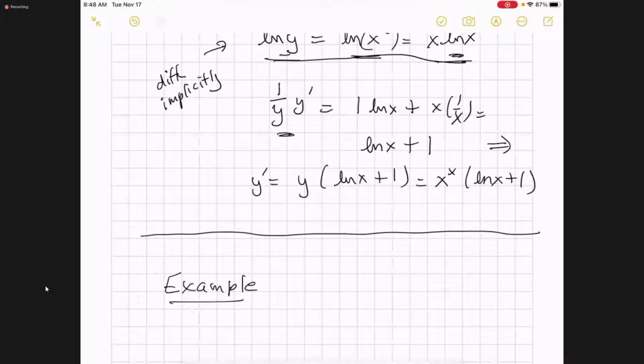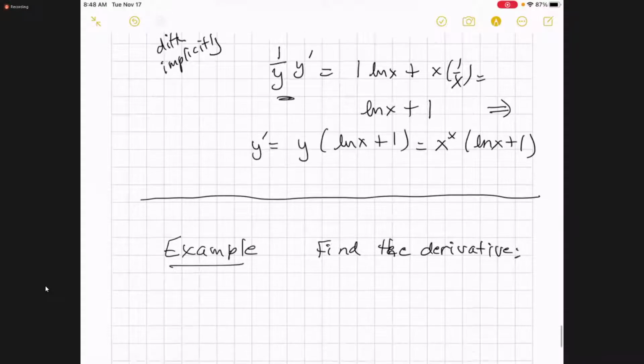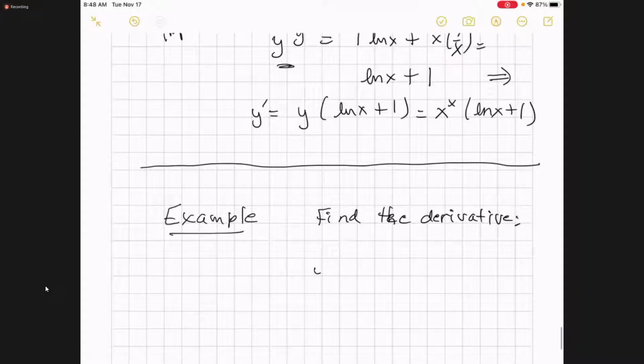How about this problem? Let's find the derivative. So let's do another one of these. Let me make up, oh, how about this one? This is an interesting function: 1 plus x to the 1 over x.